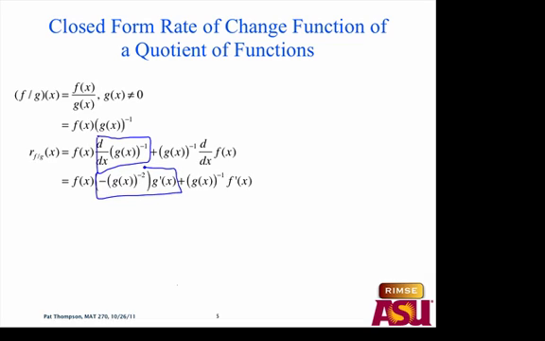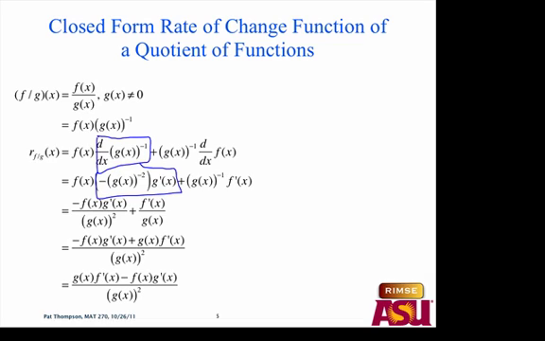Those are equal. This is applying the chain rule to this function right there. The rest is just algebra and moving symbols around of fractions. So let's just get to the punchline. And here's the punchline.